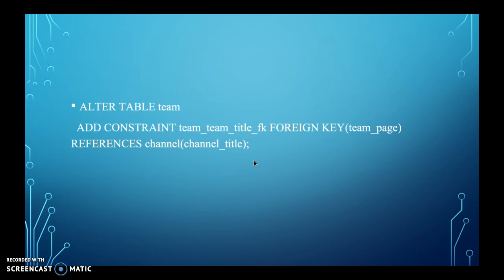After creating the table and its primary key, to be able to add a foreign key on either one of the tables, we use this command: alter table team, add constraint team title, and the foreign key team page, referencing the channel table, because those tables are related. So the primary key of one table will be the foreign key of the other table.